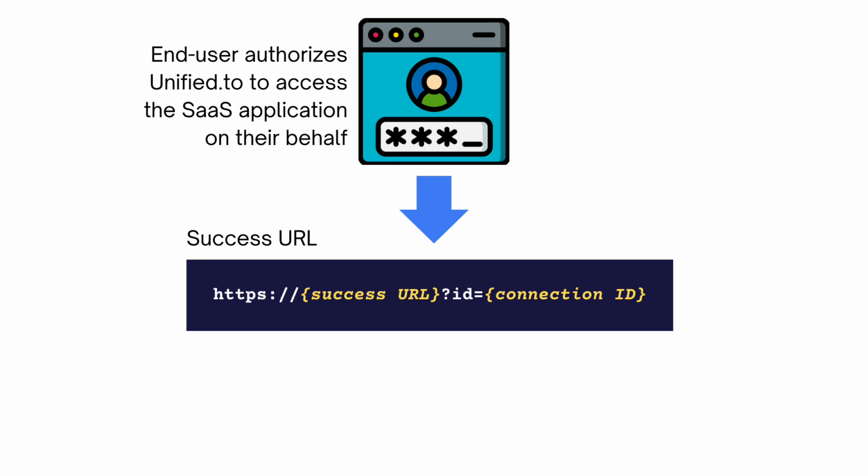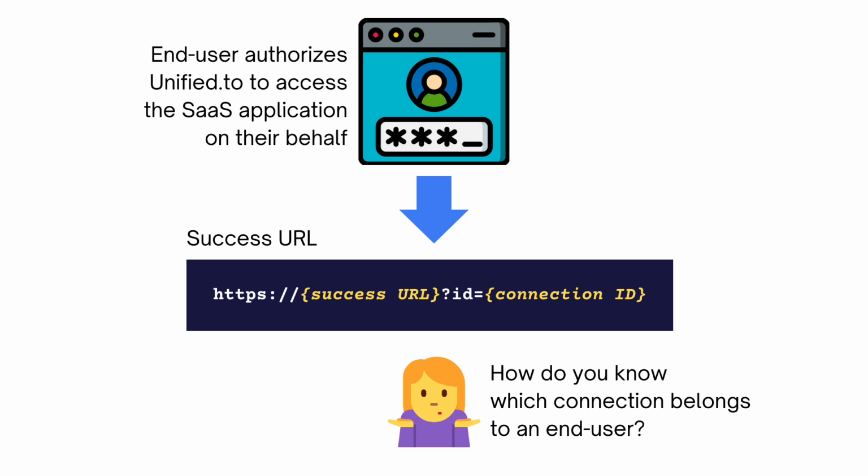So the question becomes, how do you know which connection belongs to an end user so that you can get that connection's ID? The answer is that the value you put into the external ID parameter of the embedded authorization component, that value is part of the connection record, and you use the admin API of Unified.to to look it up.